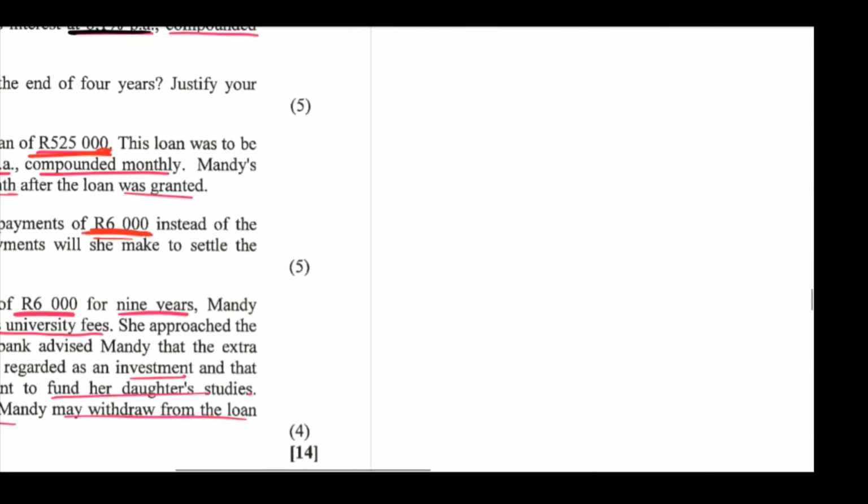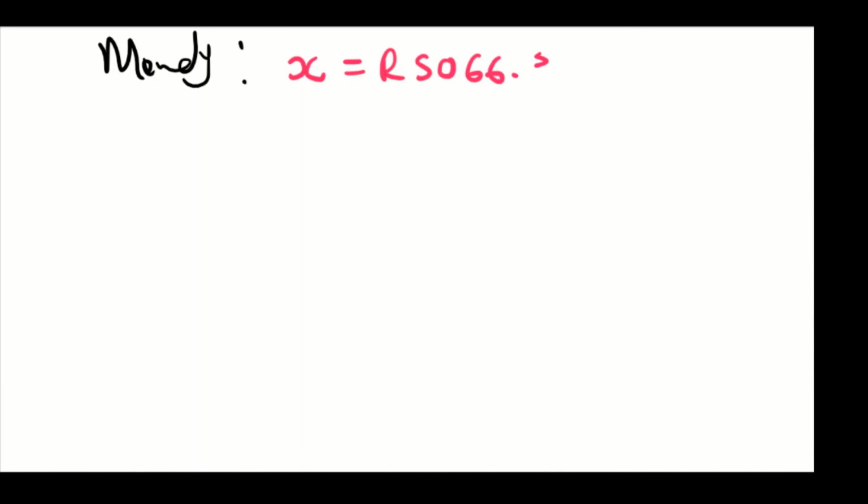So what this means is this: Mandy was required to pay monthly installments of 5,066.36, right? But she decided to pay 6,000 rand.